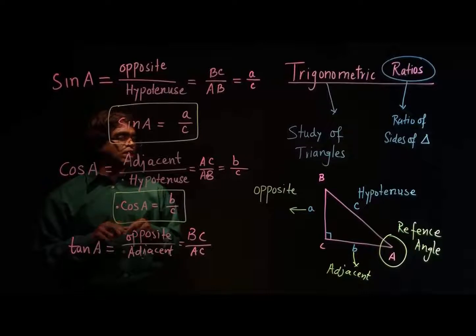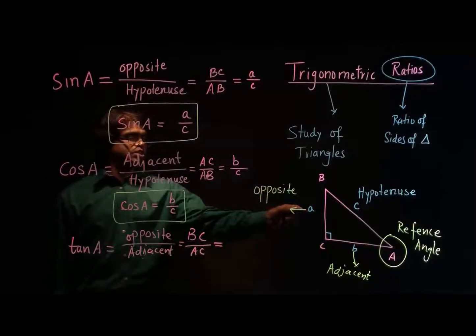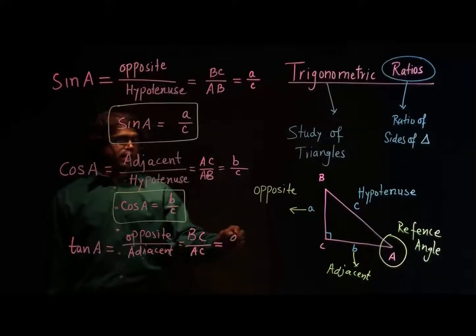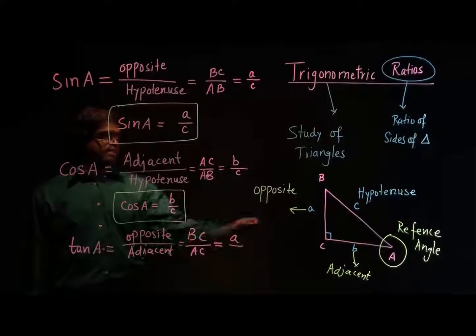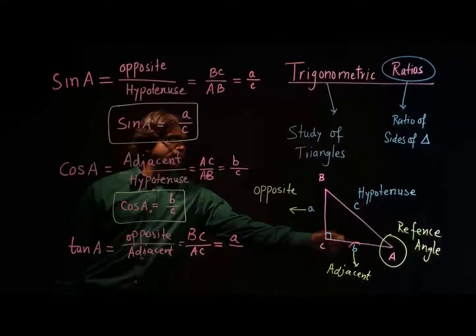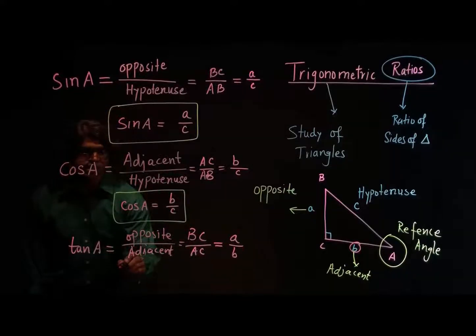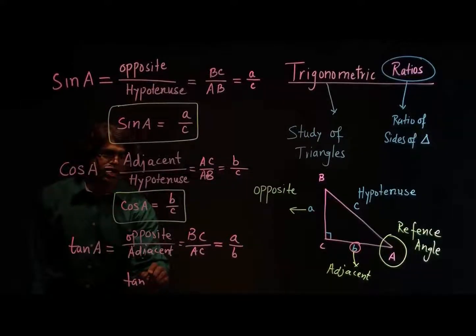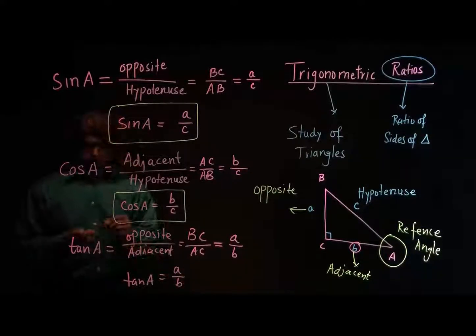If you look closely, BC is my opposite, which is lowercase a, and AC is my adjacent, which is lowercase b. So I will write tangent of A is a over b.